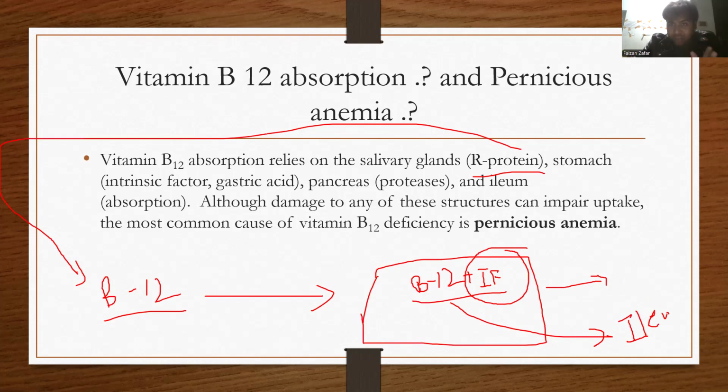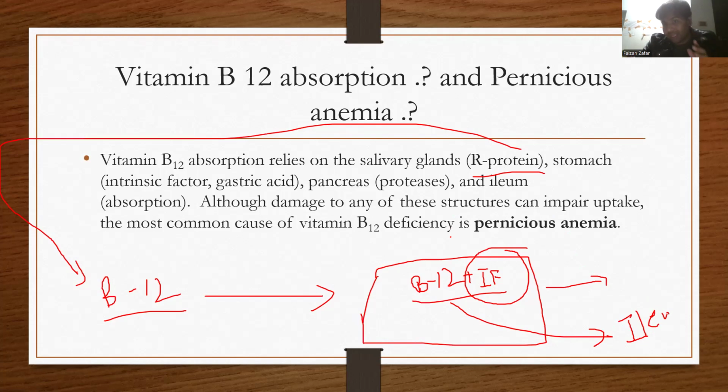So for absorption of vitamin B12, the salivary gland, stomach, pancreas, and ileum must all be intact. Any damage in these four structures will lead to deficiency of vitamin B12.